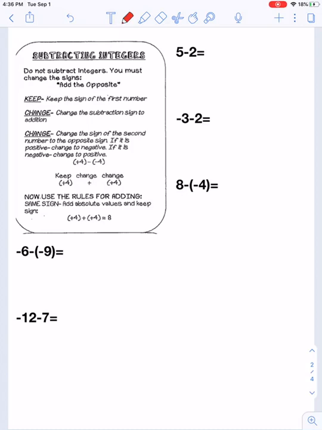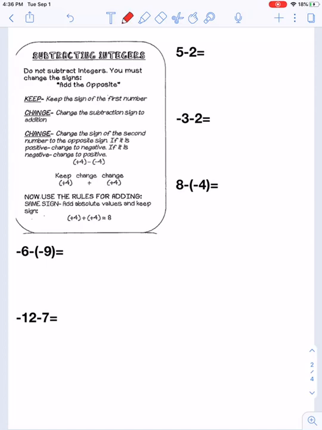We don't subtract integers. We simply must change the signs, which means we're adding the opposite. Okay? That's where we get keep the sign of the first number, so keep the first number the same. Change subtraction sign to addition, then change the sign of the second number to its opposite. So if we're dealing with a positive number, we're going to change it to a negative number. If we're dealing with a negative number, we're going to change it to the positive number.